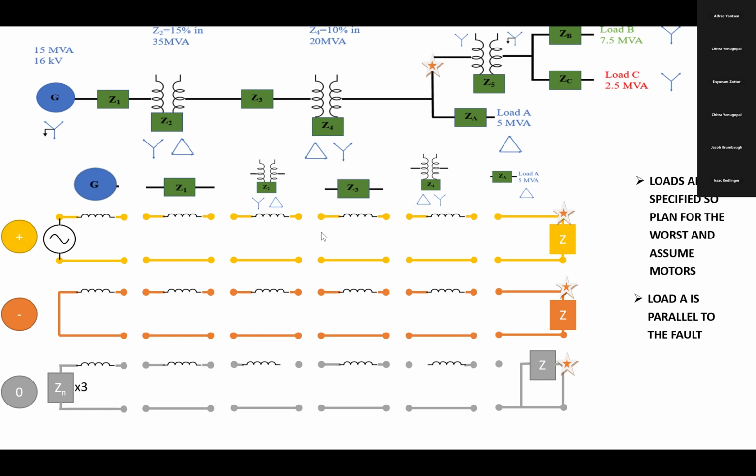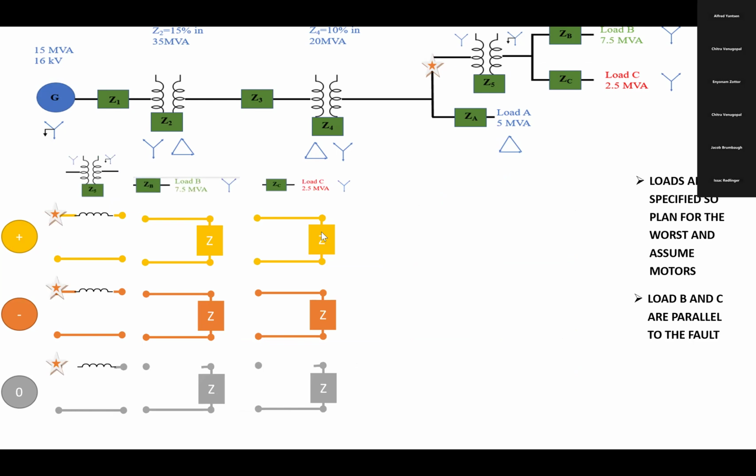Okay. Now let's look at this side. So this side is Y grounded. So Y is connected here and Y grounded. So the impedance must go like this. Okay. Positive, negative, this side is impedance.